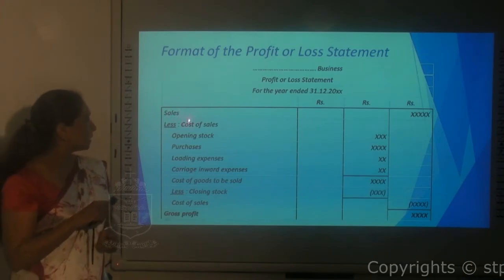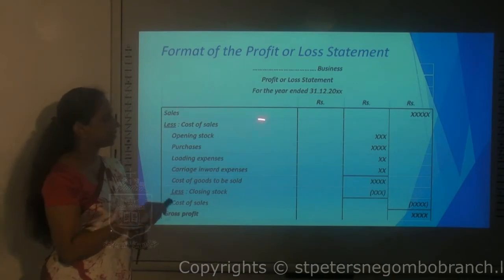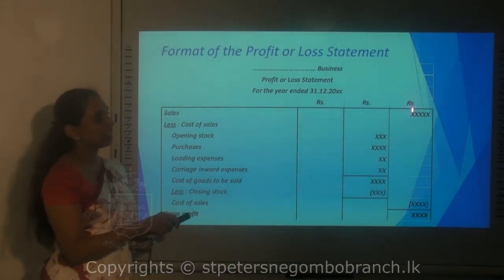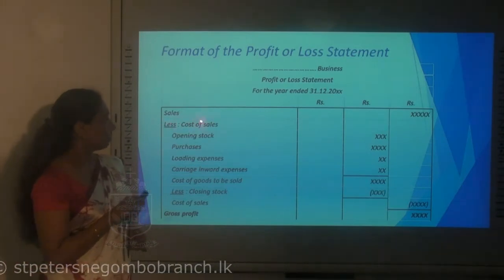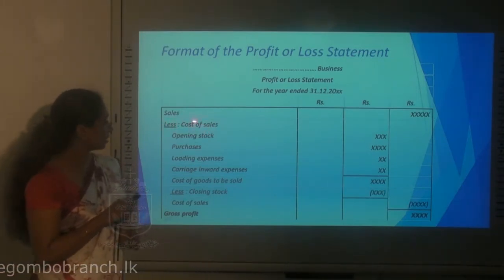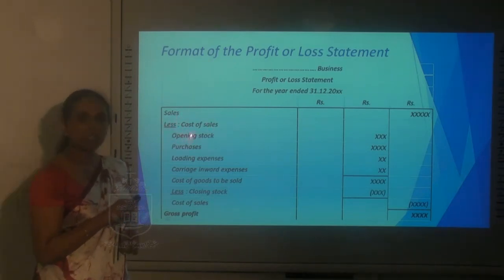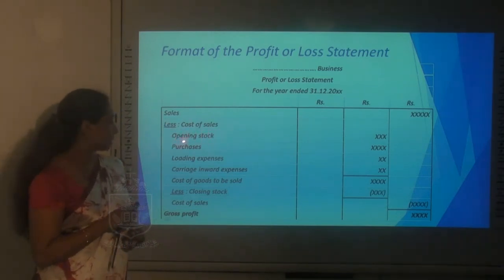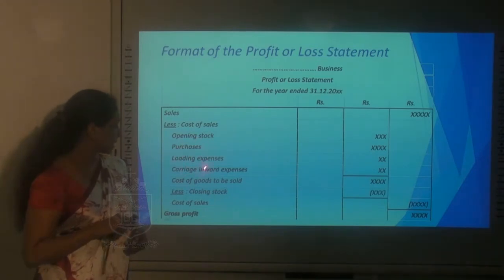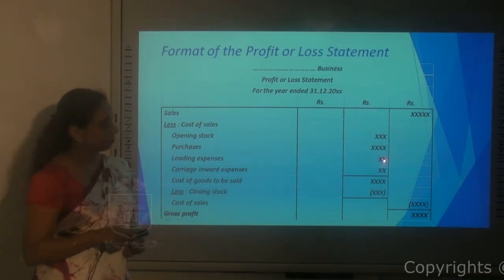Then it starts with the sales figure. So you have the sales figure, and we put the sales figure in the last column. Then we have the cost of sales. We have to mention that we are deducting the cost of sales, and thereafter we have to mention how we are going to calculate the cost of sales. The opening stock, purchases, the purchases related expenses, and the cost of goods to be sold are calculated in the middle column.